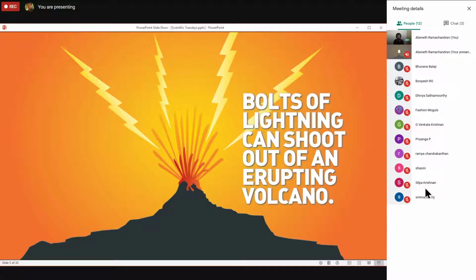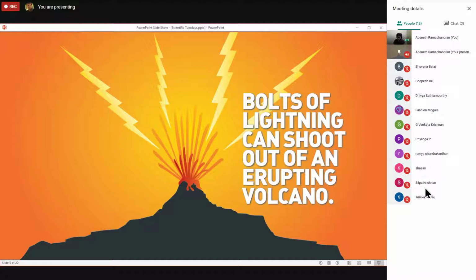Now next fact. Bolts of lightning can shoot out of an erupting volcano. Volcano, lightning. Two most contrasting things. Volcanoes are very big. They spew out a lot of hot magma, boiling and reddish in color. It comes out with a boof. But lightning is something different.